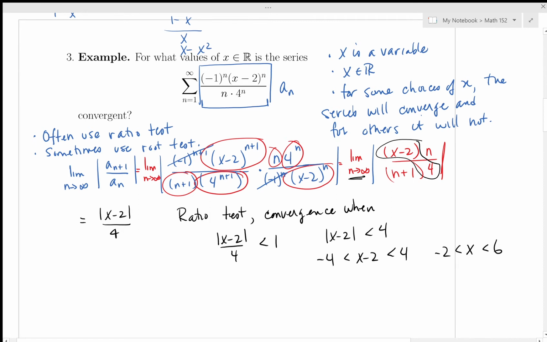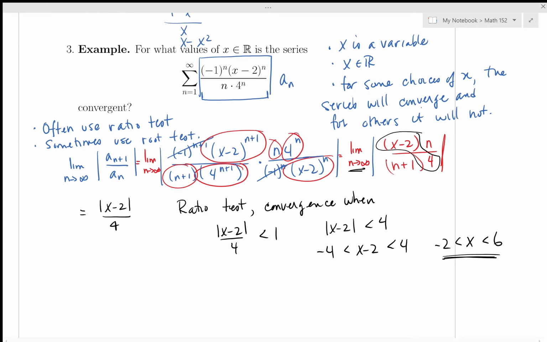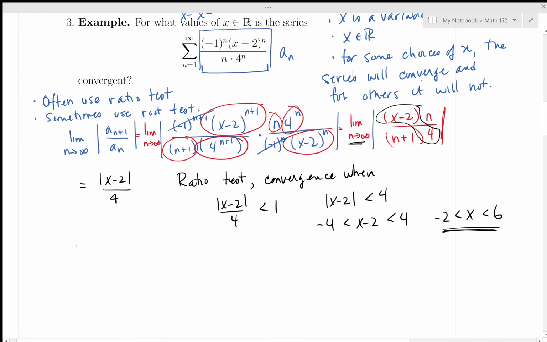Okay, so I know that for values of x between minus 2 and 6, this series converges. We don't have any information on what happens when x is minus 2 or 6, because the ratio test is inconclusive when the ratio is equal to 1. So let's make a note of that. We have to check the endpoints separately.